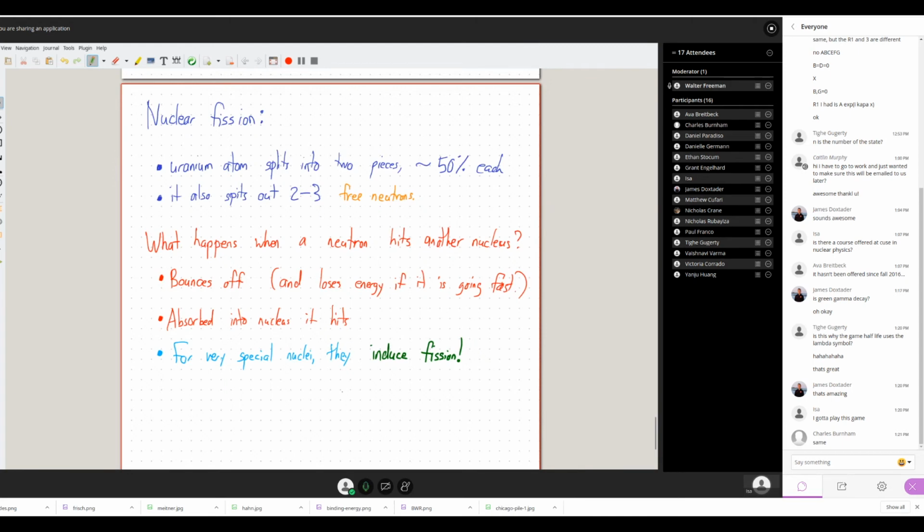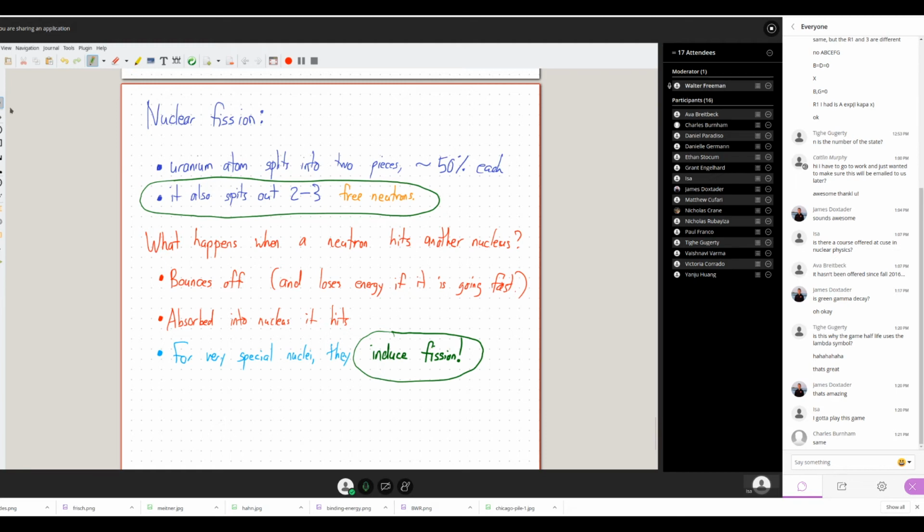You've probably all heard the term chain reaction, right? Whenever a fission happens, I get 2 or 3 free neutrons out. And those free neutrons can then go find other nuclei and fission them. So this is how you make a nuclear chain reaction.